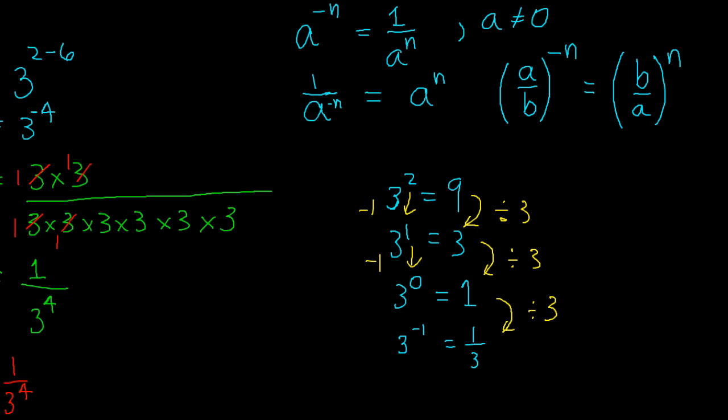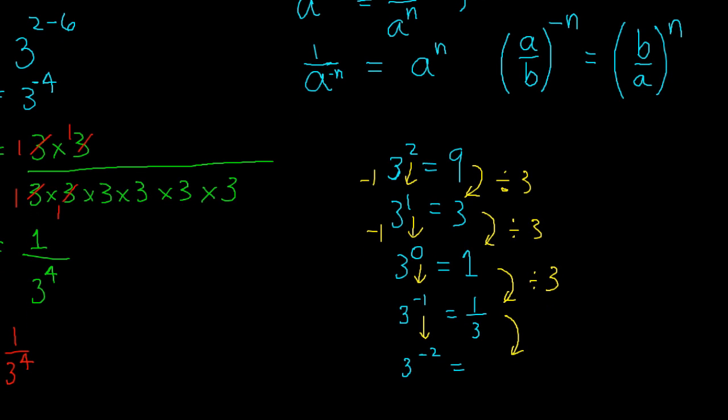If we drop that exponent one more time, from negative 1 to negative 2, it becomes 3 to the exponent negative 2. When I take a third and divide it by 3, 1/3 divided by 3 is 1 over 9, or the equivalent of, just as a side note, 1 over 3 squared.